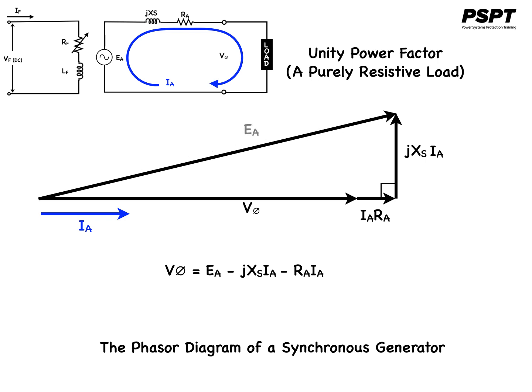Adding all the voltages together must equal the source voltage, which is given by E subscript A. The total voltage, EA, differs from the terminal voltage of phase V phi by a resistive and inductive voltage drop. All voltages and currents are referenced to V phi, which is arbitrarily assumed to be at angle 0, the reference angle.